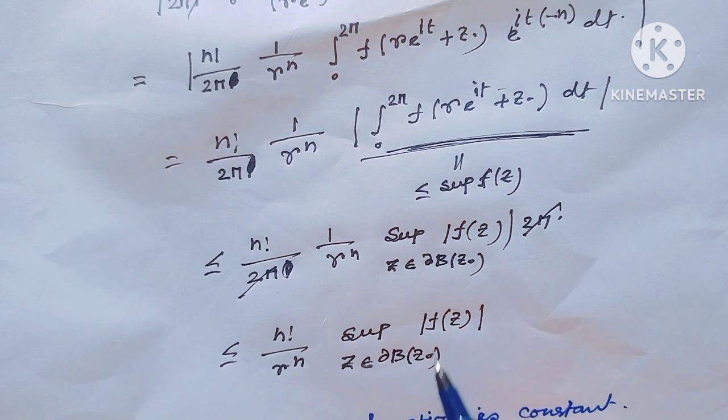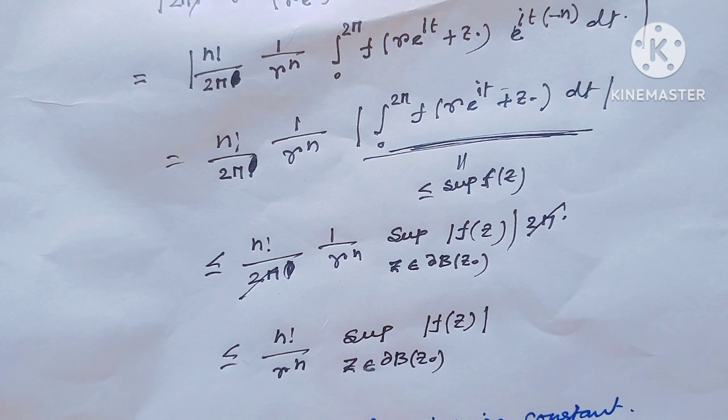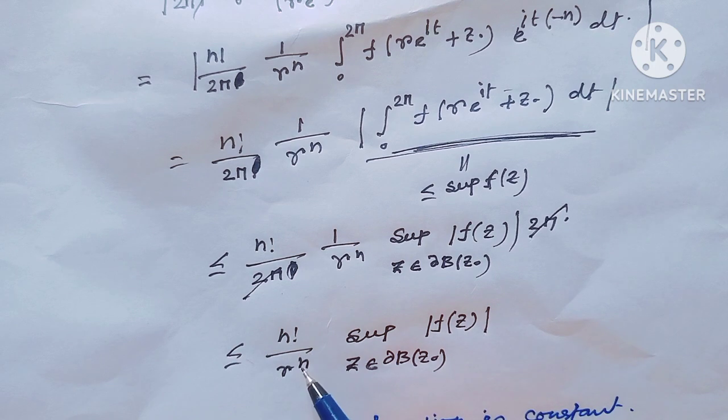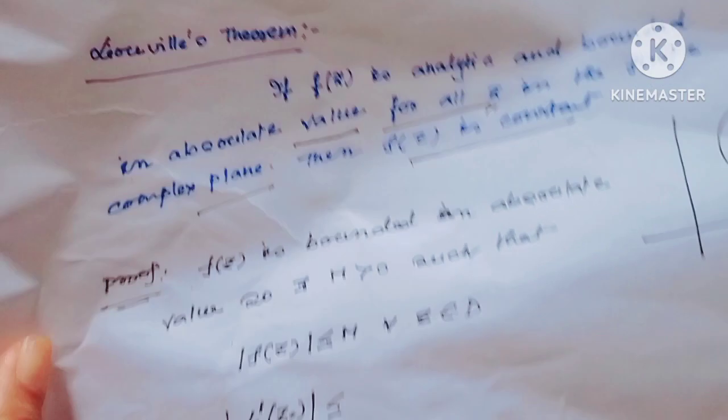Here, for f prime z naught, n factorial would be 1 and this would be r.